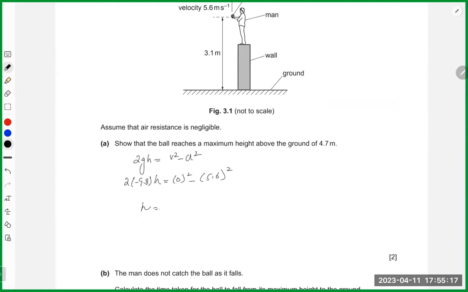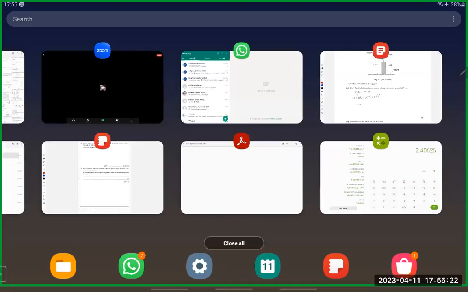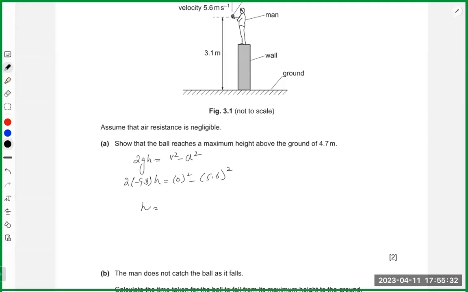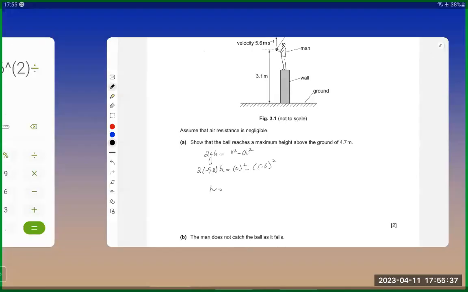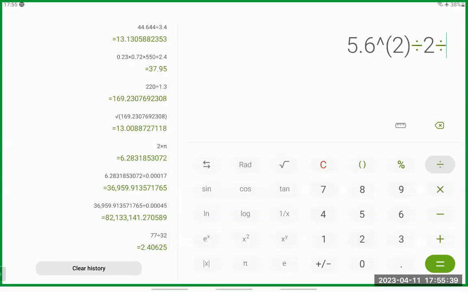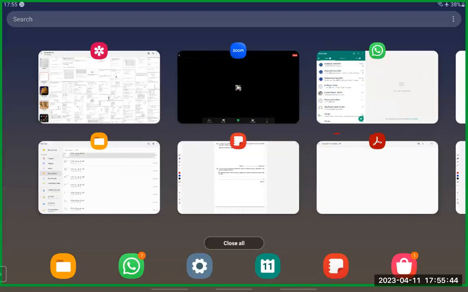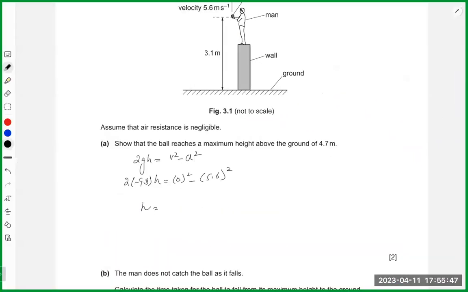So h equals 5.6 squared divided by 2 divided by 9.8, which is 1.6. So the height is 1.6 meter.